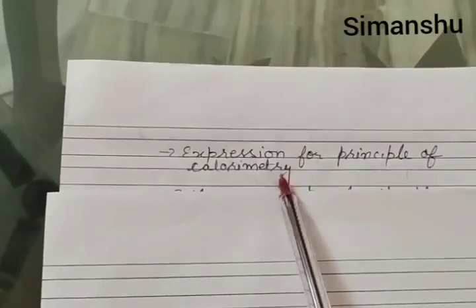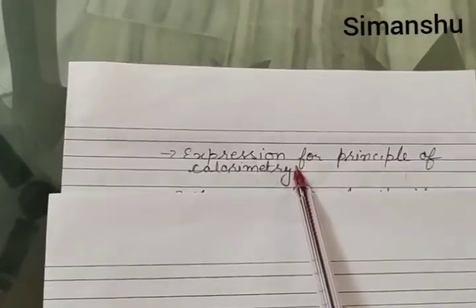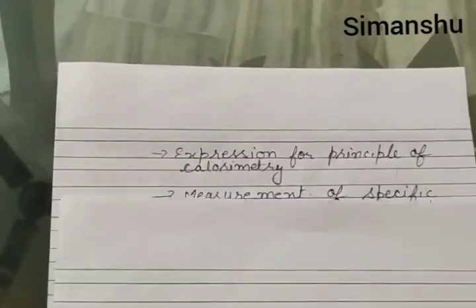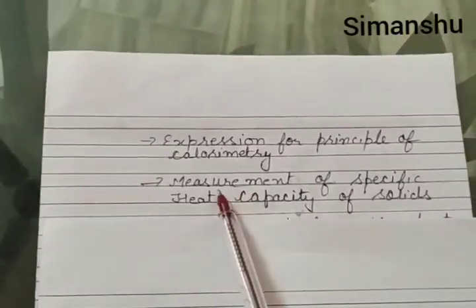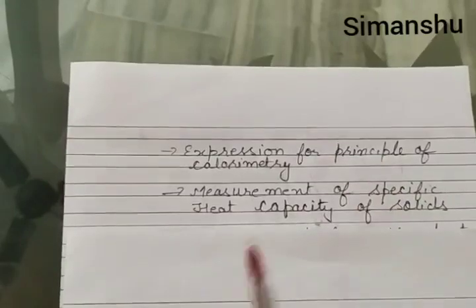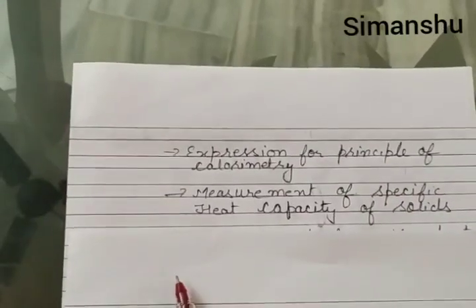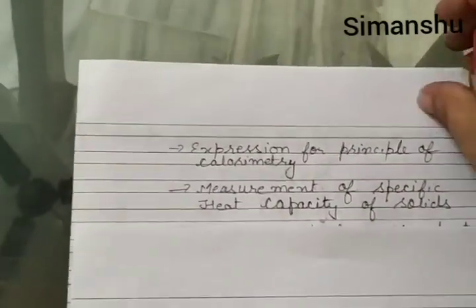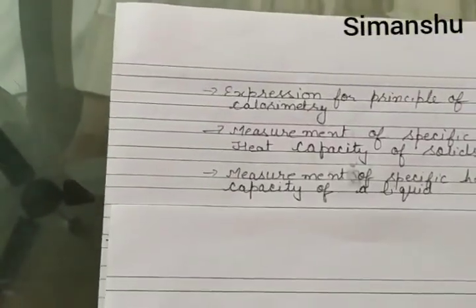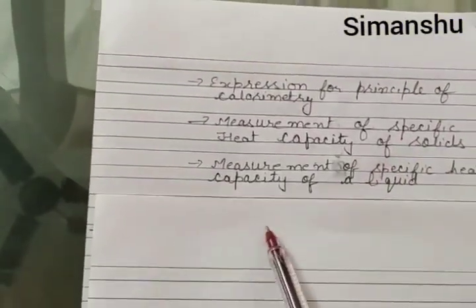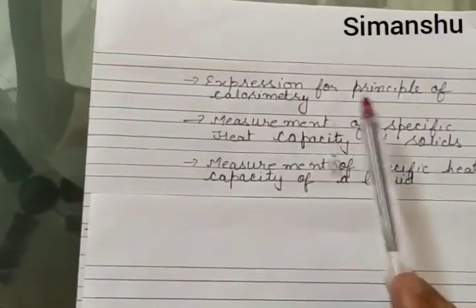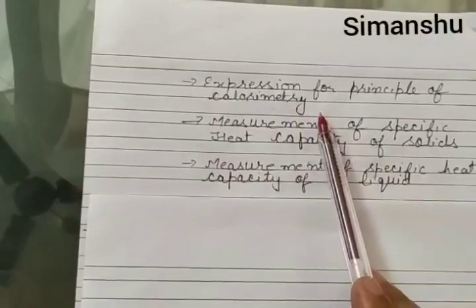After getting that expression for the principle of calorimetry, we will talk about measurement of specific heat capacity of a solid by using a calorimeter. Then further we will talk about measurement of specific heat capacity of a liquid by using a calorimeter. So let us start with the expression for the principle of calorimeter.